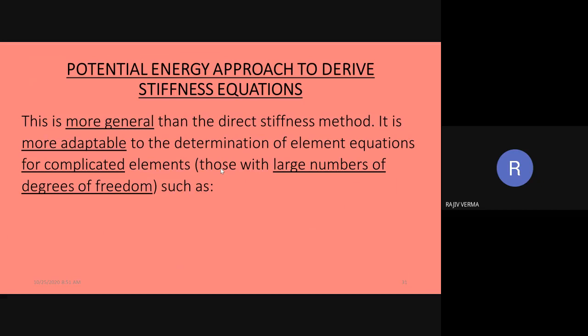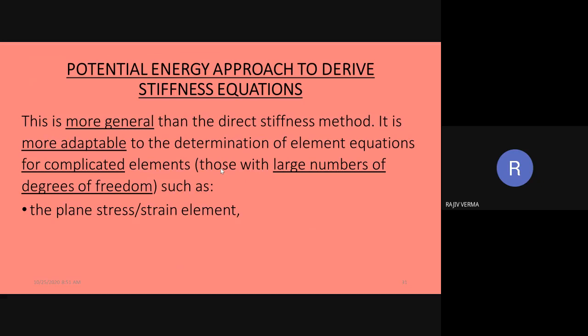the equations for plane stress and plane strain elements, which basically are going to be area elements. And an area element means something as simple as a triangular element having three nodes, one at each corner. So the simplest triangular element is going to have three nodes.